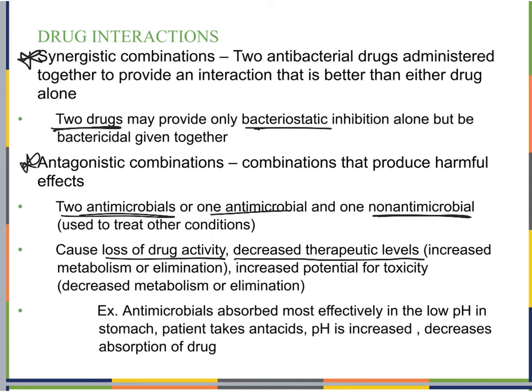It may also decrease therapeutic levels. Depending on what the other antimicrobial or non-antimicrobial is, it could increase the metabolism, so the drug will metabolize faster, and we won't get the correct levels that we're looking for. Or it could cause the body to eliminate the drug faster. Again, we don't get those levels. Also, it could increase the potential for toxicity.